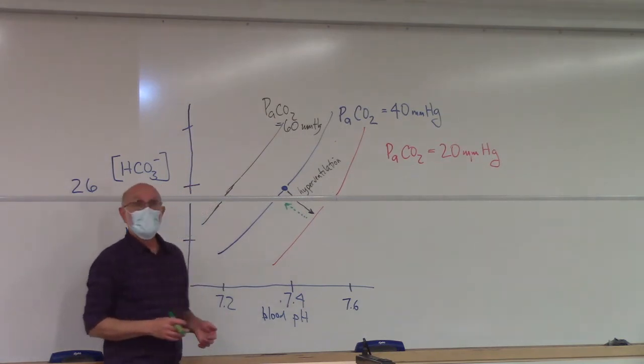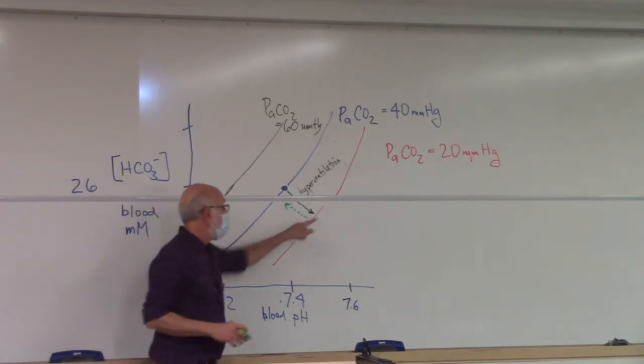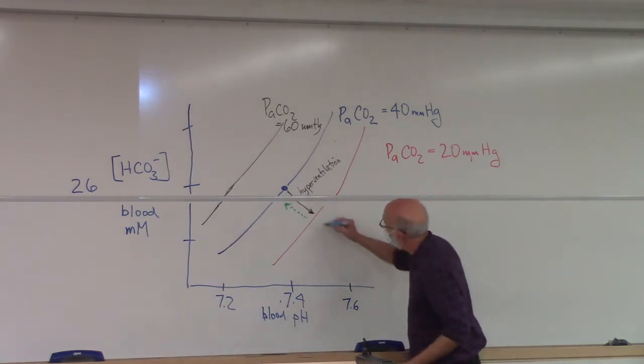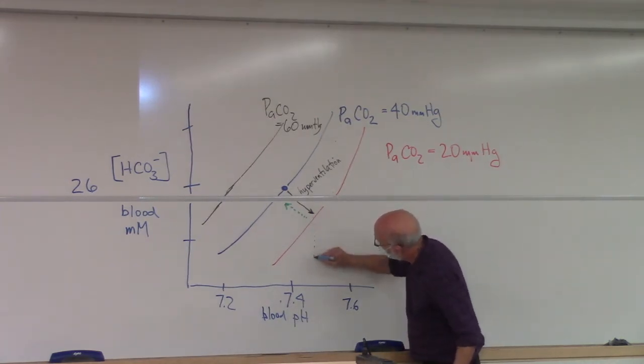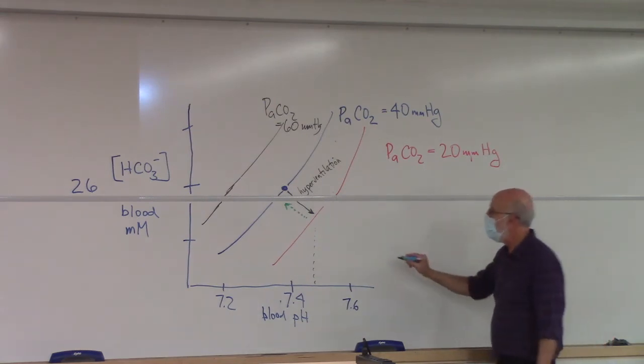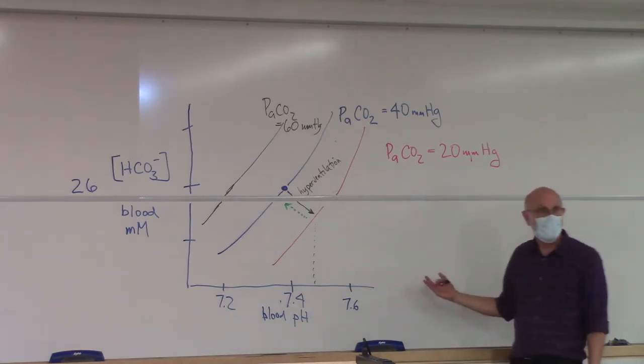It's terrifying to both the people around them and to the person who's experiencing it. I just want to make a point here, that during hyperventilation, your pH is abnormally high. This is called alkalosis.